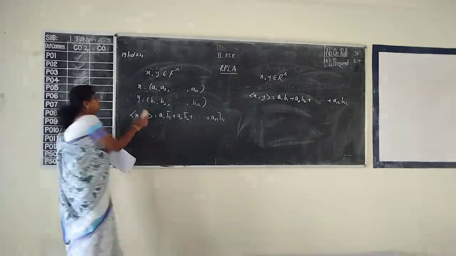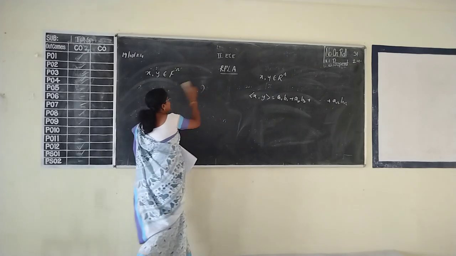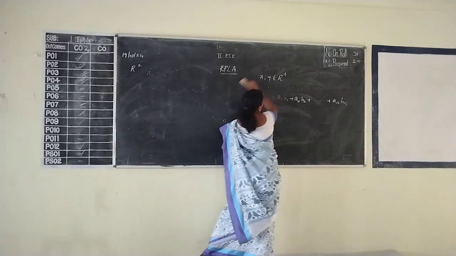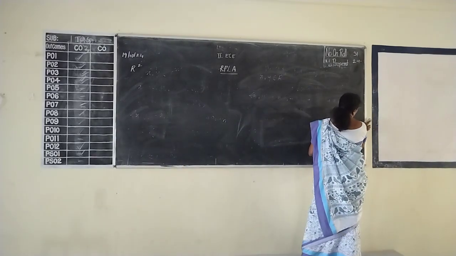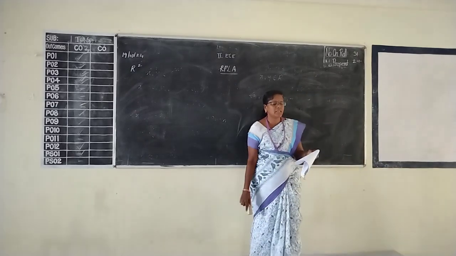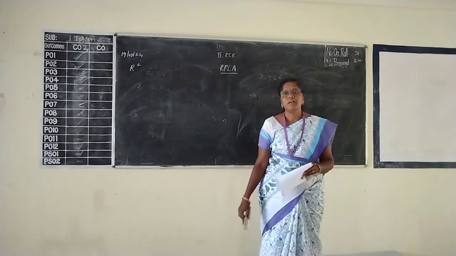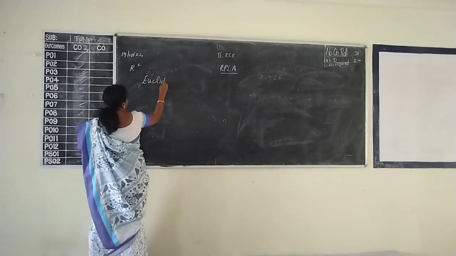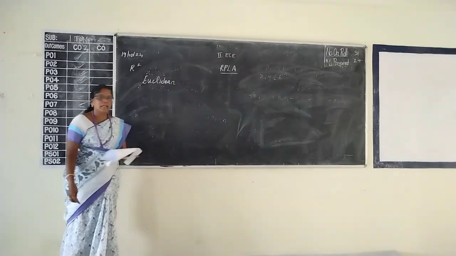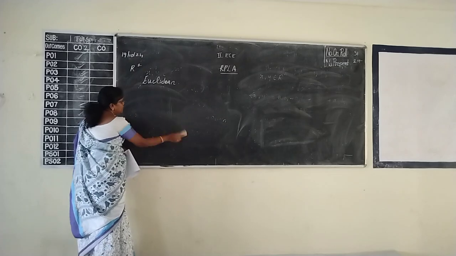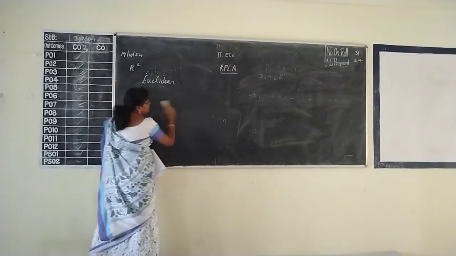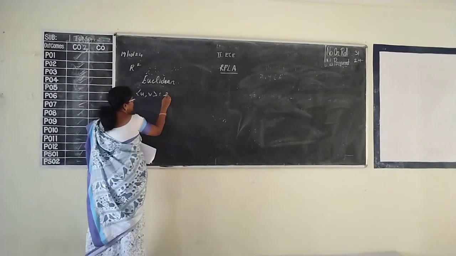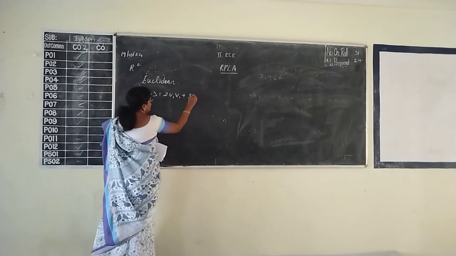First one. Let R square have the weighted Euclidean inner product defined by the inner product of u comma v equal to 2u1 v1 plus 3u2 v2.